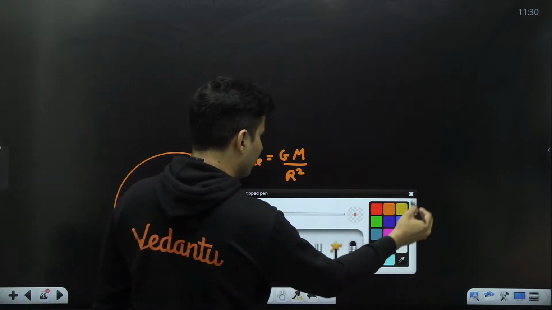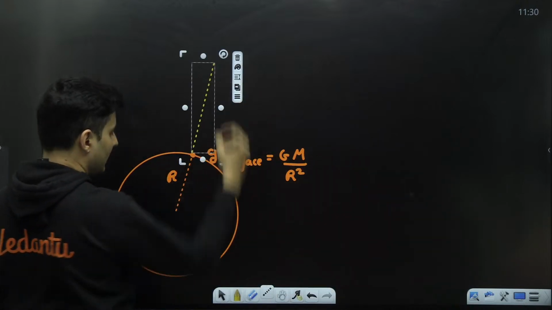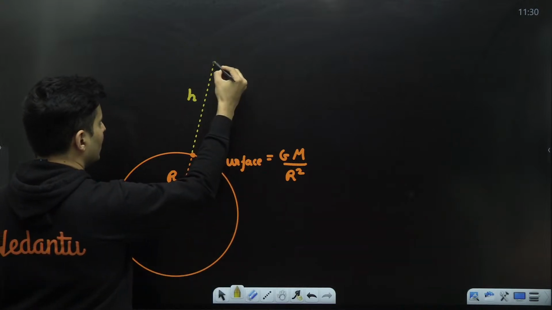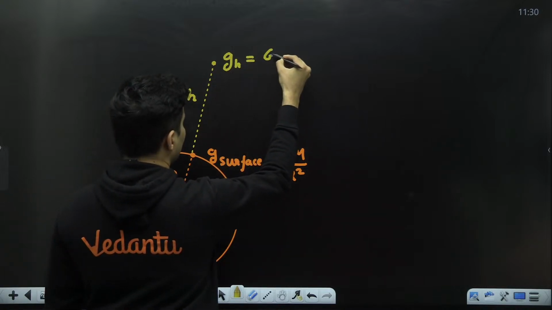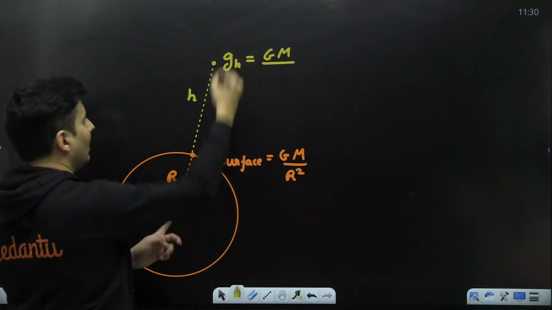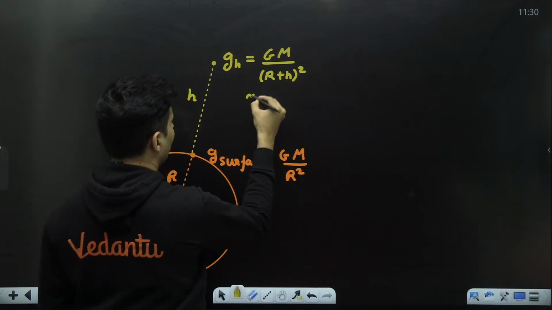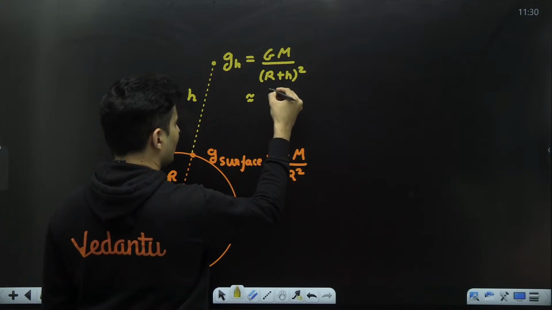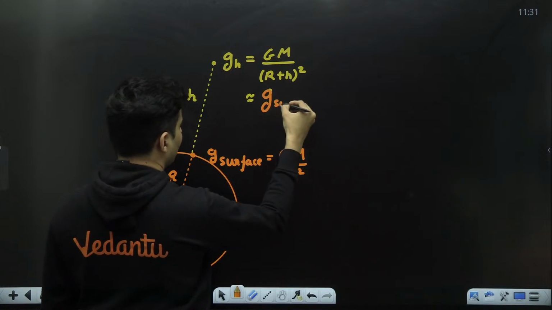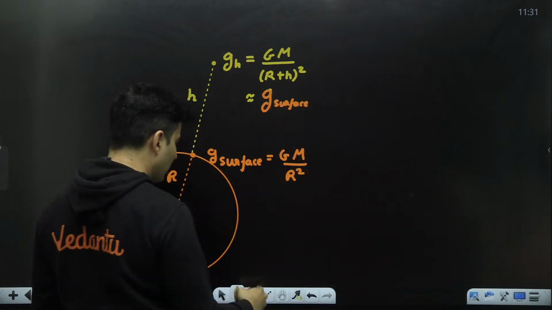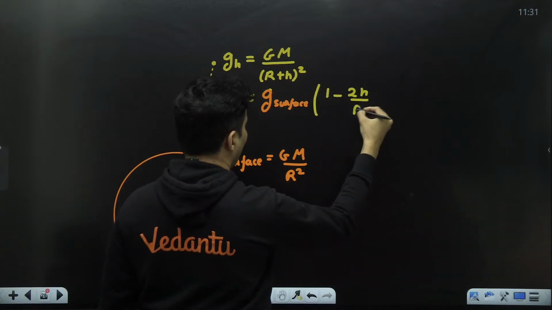But then sometimes you go up and let's say the height is h. So let's say this much is h. So at this point, the gravity at height h is Gm, same formula, just that now the total distance will be r plus h whole square, which approximately becomes this same G which is on the surface, into very important 1 minus 2h by r.